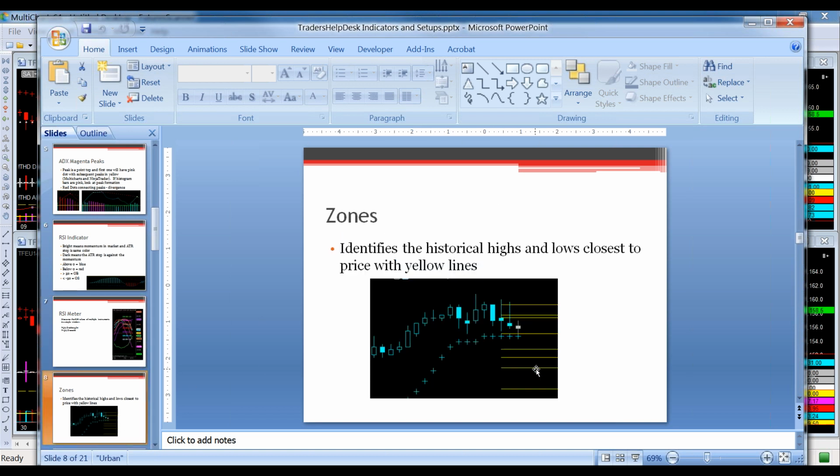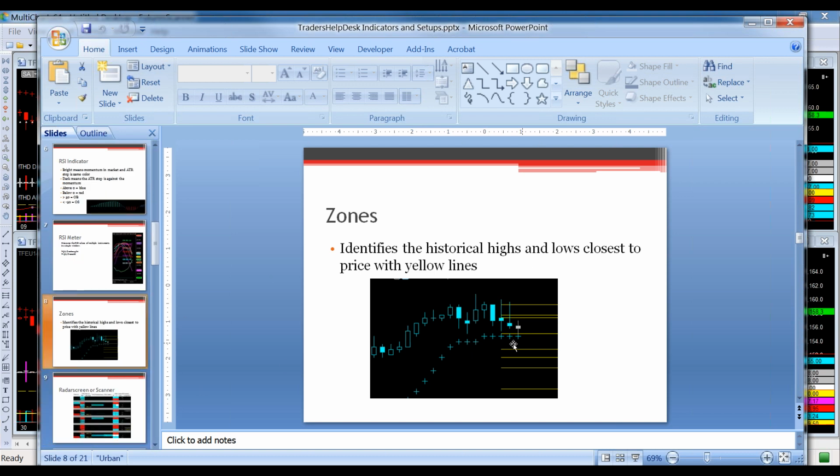And then we have the zones, and I don't show the zones a lot in the room only because I'm changing markets a lot with these charts. So it can kind of skew because you're getting too many highs and lows as you're changing charts. So I don't do that in the room. But I do go through them in the video.